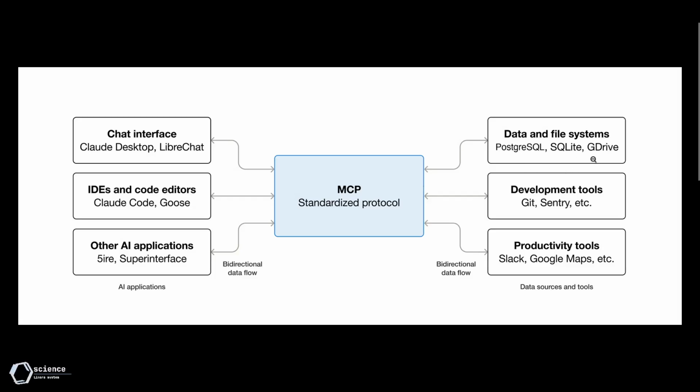We can say, "Hey Llama or hey ChatGPT, save my files into Google Drive," and the client gets the prompt, sends a message to the server, gets our files from our computer, and sends them to Google Drive.